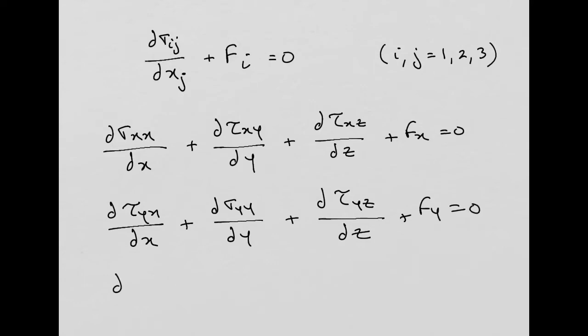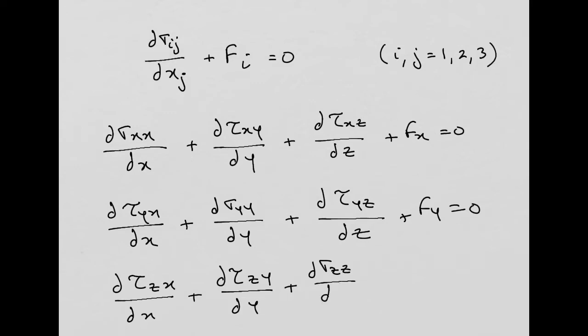And the third equilibrium equation is going to be the derivative of tau zx in order to x, plus the derivative of tau zy in order to y, plus the derivative of sigma z in order to z, plus fz equal to 0, right?